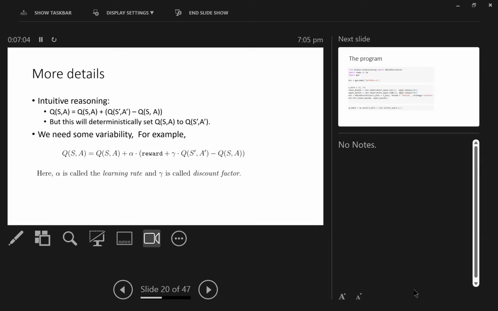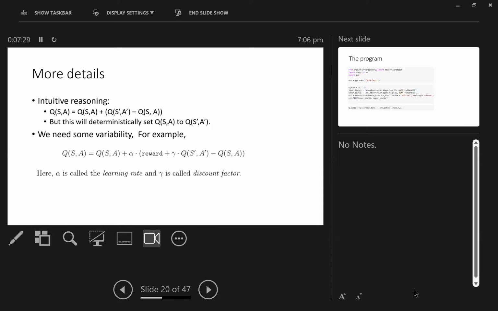So it will usually increase the Q value for S, A. This difference is the central information that you need to take into account, to determine whether you should increase or decrease the current Q value.